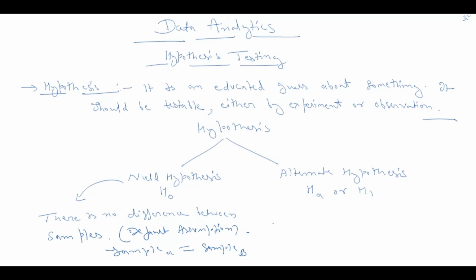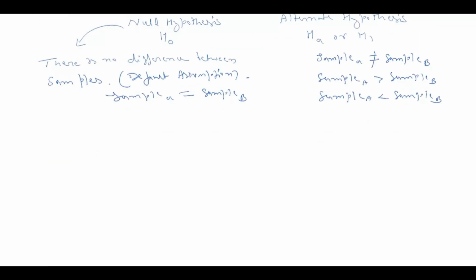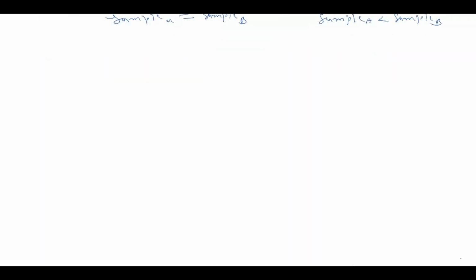Like if we say sample A is equal to sample B, then alternate hypothesis may be sample A is not equal to sample B, or we can say sample A greater than sample B, or sample A less than sample B. So these may be the possible alternative hypotheses in this case.